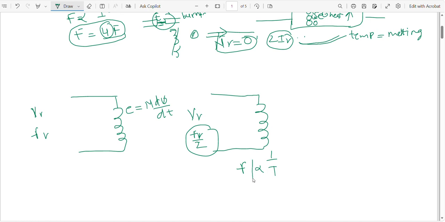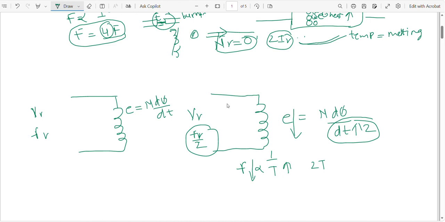So since the frequency is decreasing, the time period will increase by 2 times, and E is equal to N d phi by dt. This dt will increase by 2 times, and when it is increased by 2 times, the voltage will decrease.